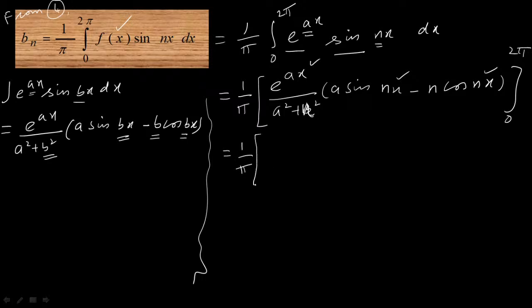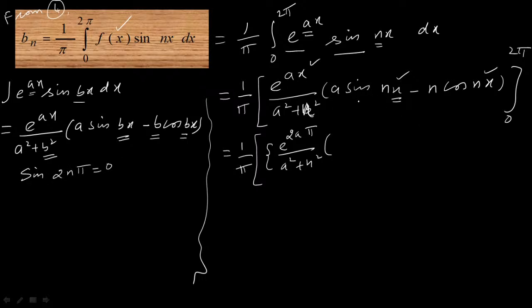So 1 by pi of e power, if you replace this x by 2 pi, you have e power 2a pi divided by a square plus n square. So as I told you already, if you replace this x by 2 pi, you get sin 2n pi. The value of sin 2n pi is 0.